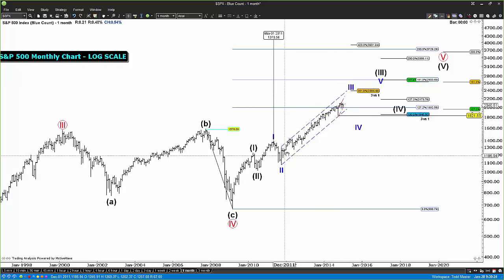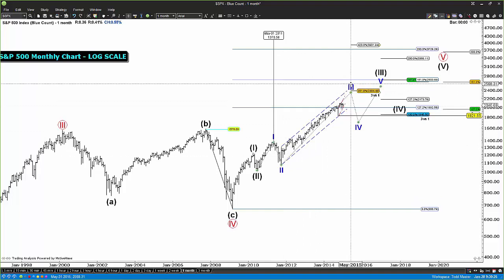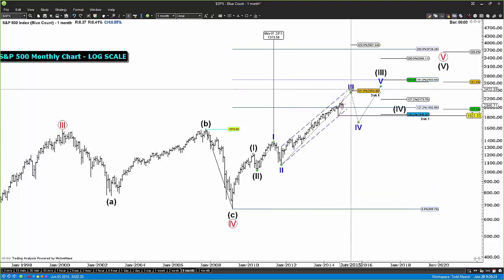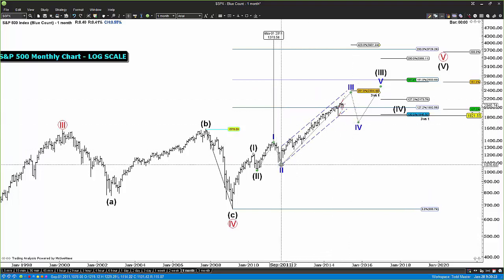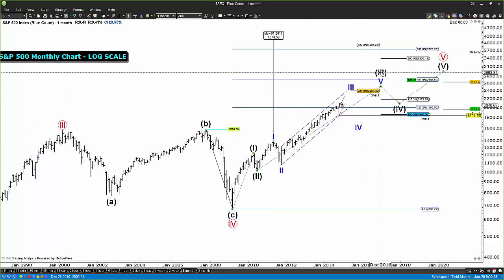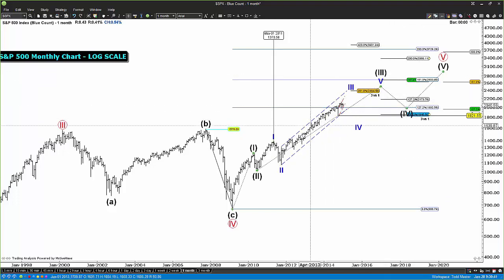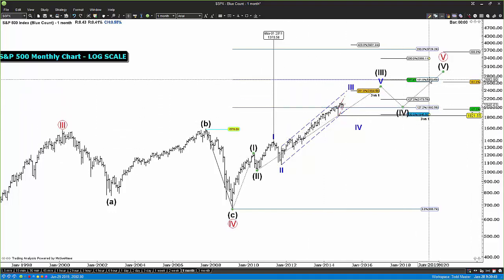So this rally was a third of a third, up in 3. Sell off in 4, that would be somewhat equal in price and time to wave 2. Probably be longer in time than wave 2, but similar in price. Rally up in wave 3 towards around 2,800, and this is into the next 2 years. Long period of consolidation as we digest this move that we've had. After that period of consolidation is over, then we eventually move up.